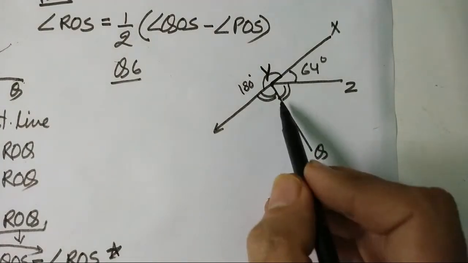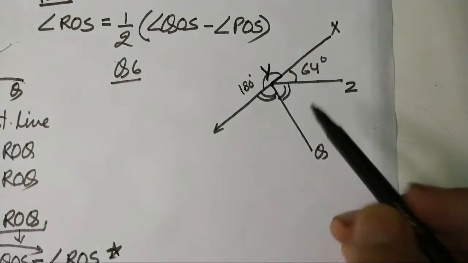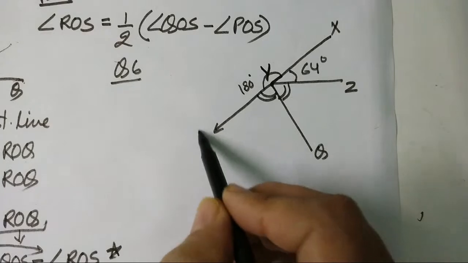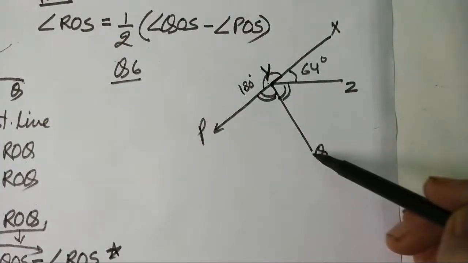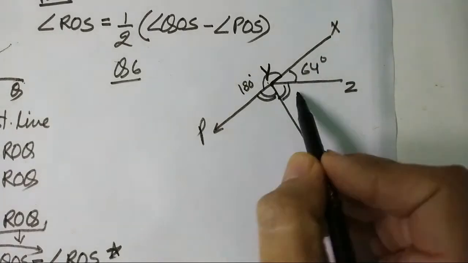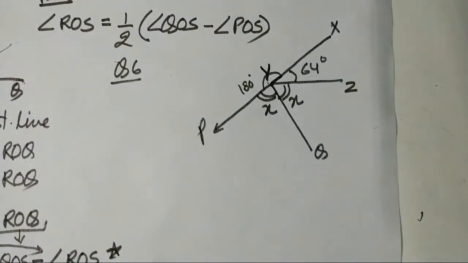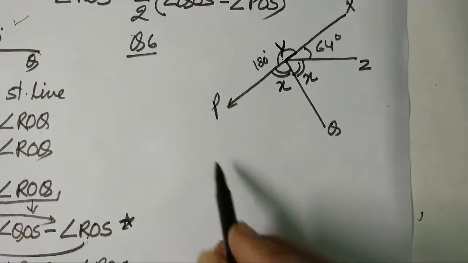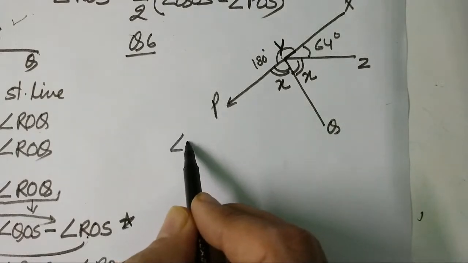Since both the parts are equal, you have to find 2 angles. First you have to find angle ZYQ. So first we will find what these 2 angles are. Let the 2 angles be x. You can do it in a different way, but I am doing it in a simple way.